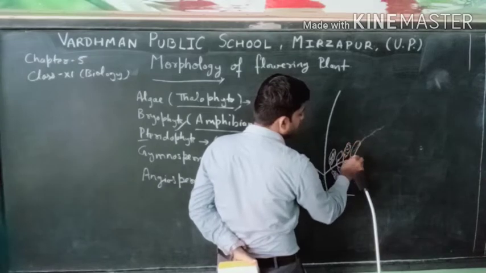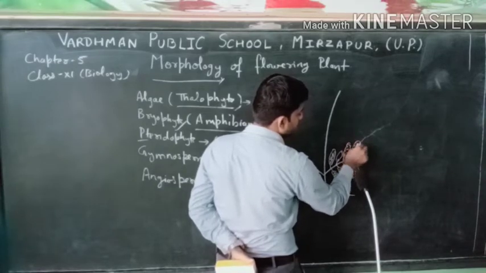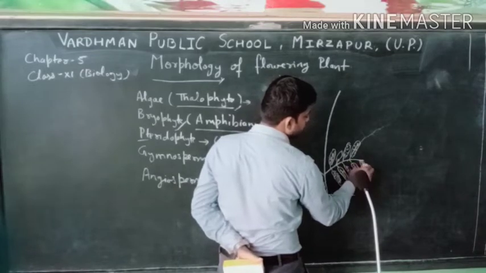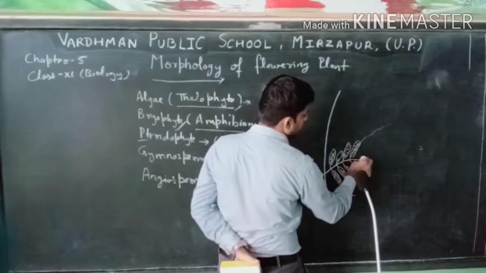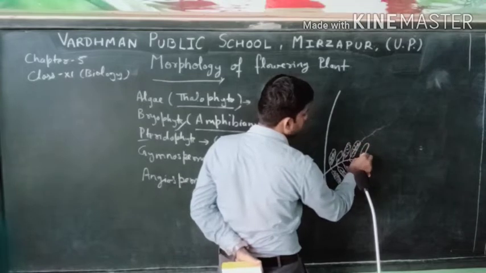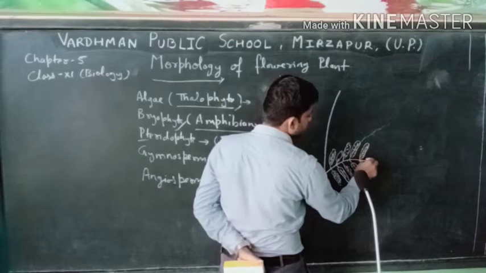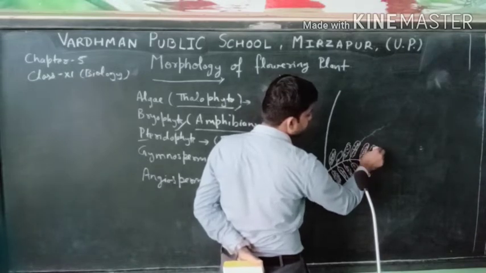A number of spores are present inside all the leaves, and these spores are responsible for the formation of a new plant body.